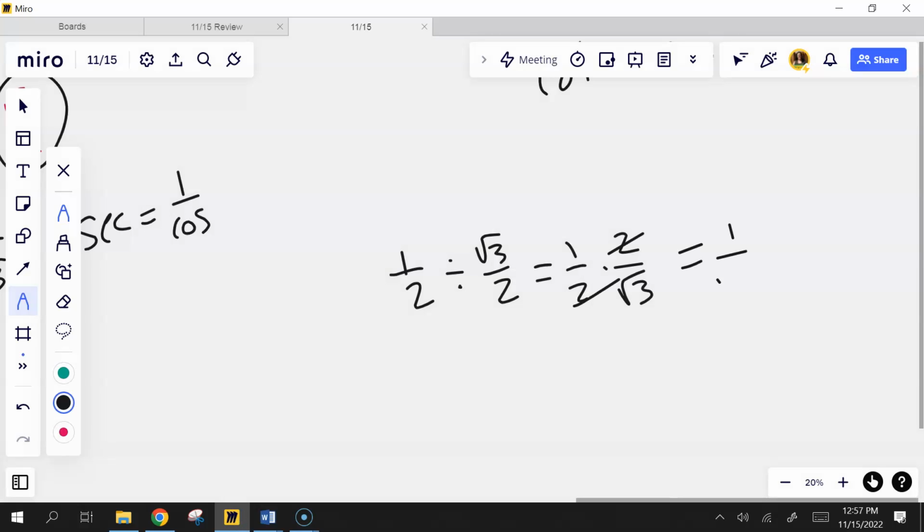So that cancels. I get 1 over square root of 3. As long as we remember the coordinates, we can do it. Right. Sine is the y. Right. And then the tan is the y over x.